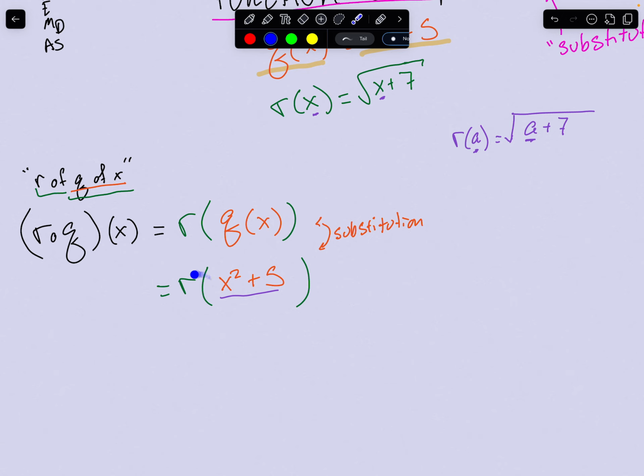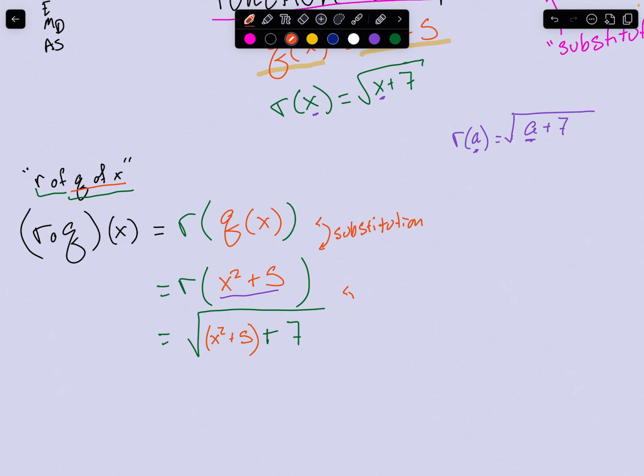I know it's in the equation of r of x because I have r of x squared plus 5. So r of x would normally be the square root of x plus 7. That's r of x. But I want r of x squared plus 5. So instead of this x right here, we would have x squared plus 5.